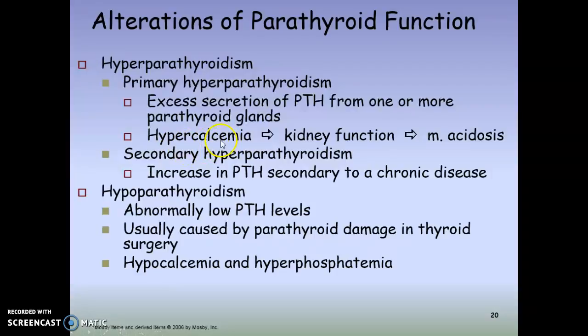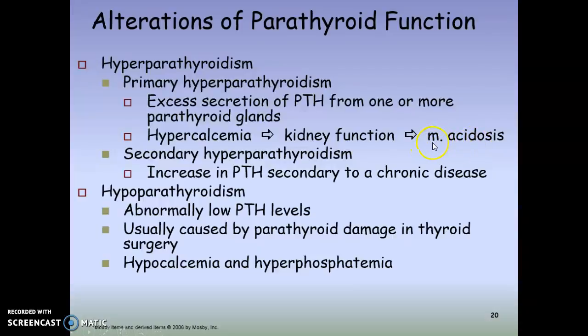And with the hypercalcemia, you also develop hypophosphatemia. Those two minerals or electrolytes are going to be inversely proportionate. The hypercalcemia acts on kidney function, and it's going to decrease kidney function, and that in turn can result in metabolic acidosis, where the blood pH is going to decrease into that acidic area.